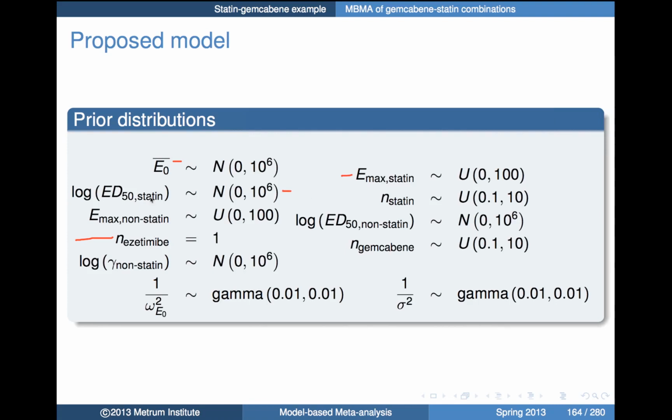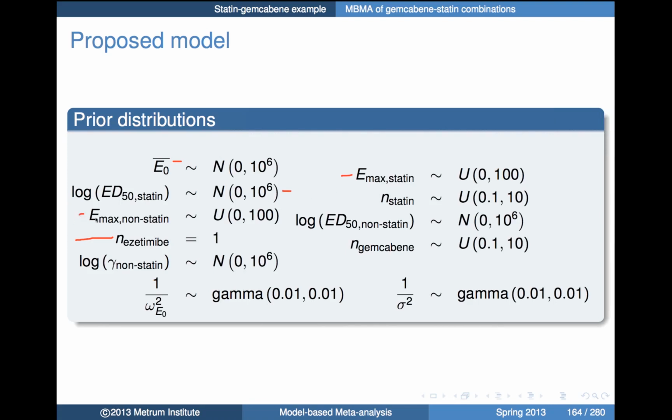Notice I'm using log here because I want to constrain ED50 to be non-negative. So that's the reason for using a log normal in that instance. A number of the other ones I ended up using uniforms.